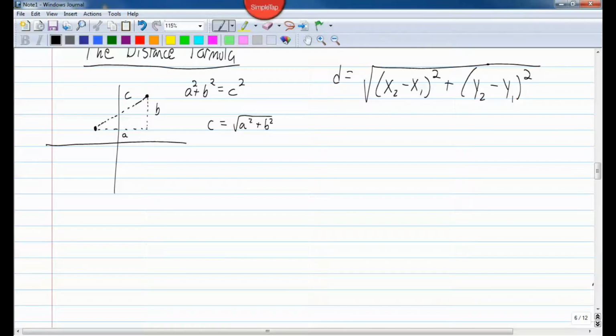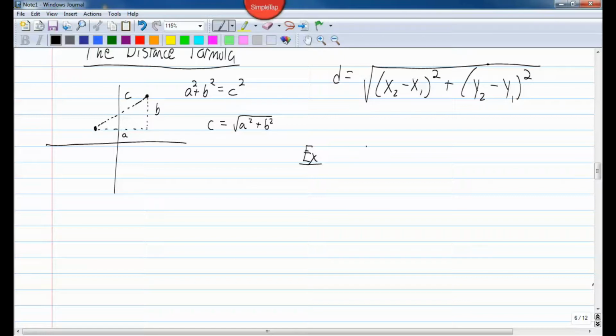Alright? So for any 2 points, if we plug those into the distance formula, that will give us the distance between those 2 points. Alright, so let's find the distance between these 2 given points.